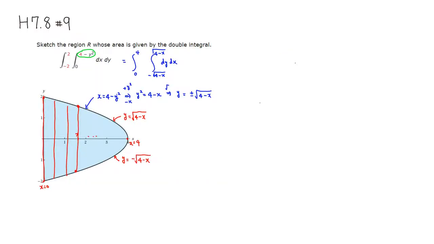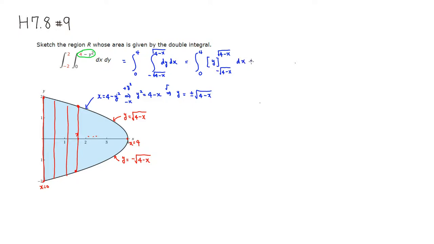We'll take care of the outside one later. The antiderivative of 1 with respect to y is y, going from negative square root of 4 minus x to positive square root of 4 minus x, and then we'll do the integral with respect to x.